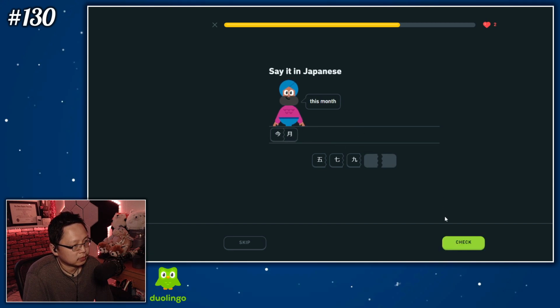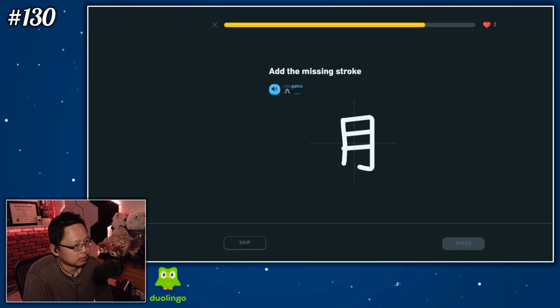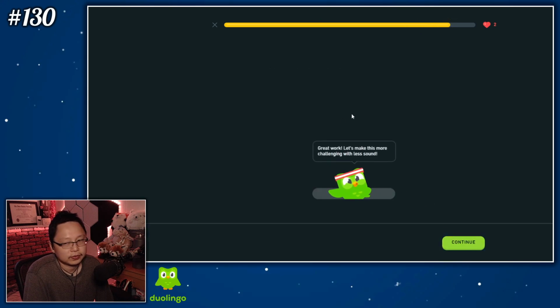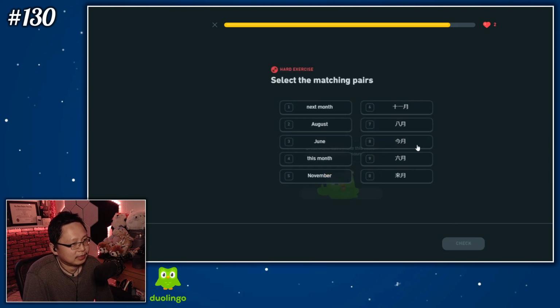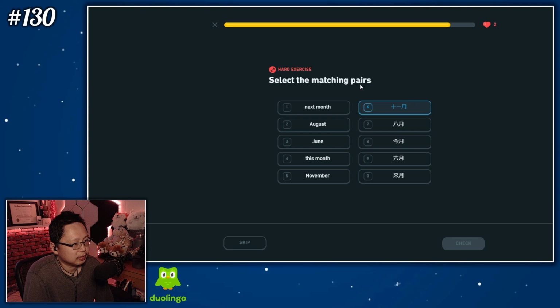I mean, I have two separate fonts right now. Like two separate font styles for kanji.